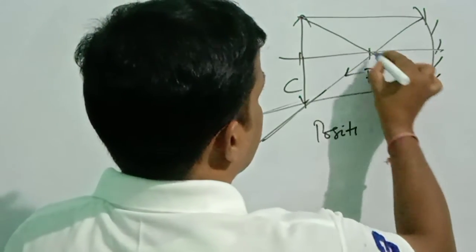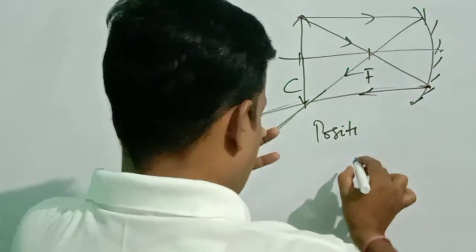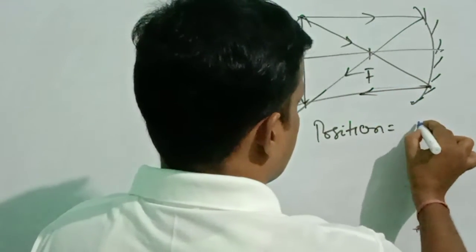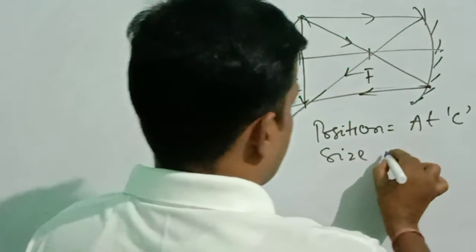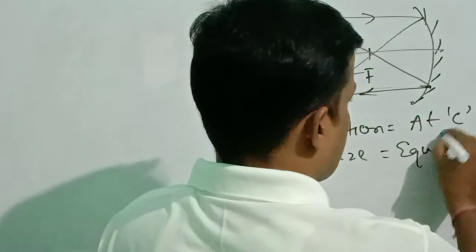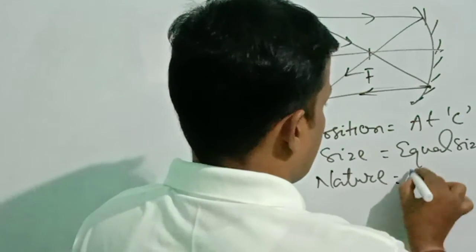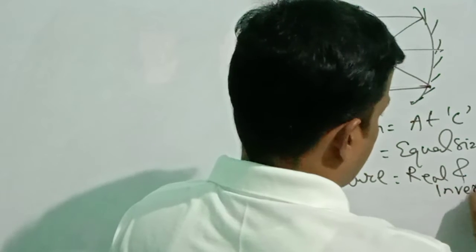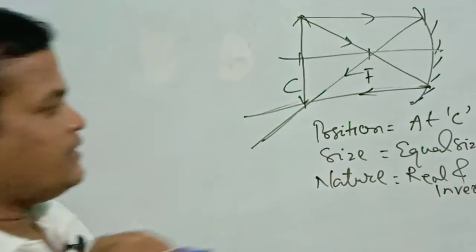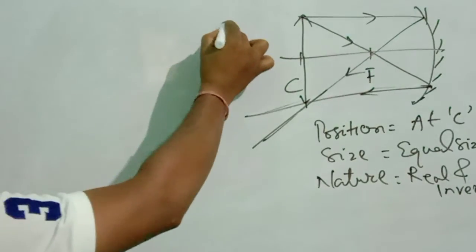This is your incident ray, this is your reflected ray. Position: at C, size: equal size, nature: real and inverted. Real and inverted.